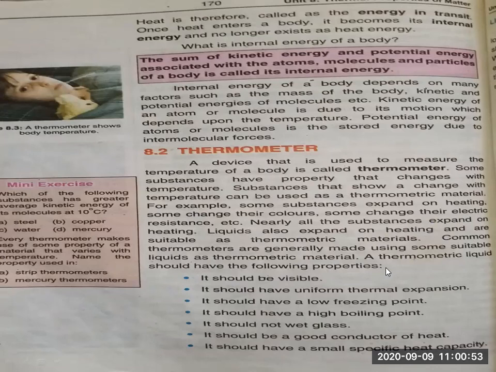The material which we want to use in the thermometer should have the following properties, because we are using mercury in the thermometer that has the properties of a thermometric material. It should be visible, because you can see the mercury going up and down when it is placed in the body to measure the body's temperature.